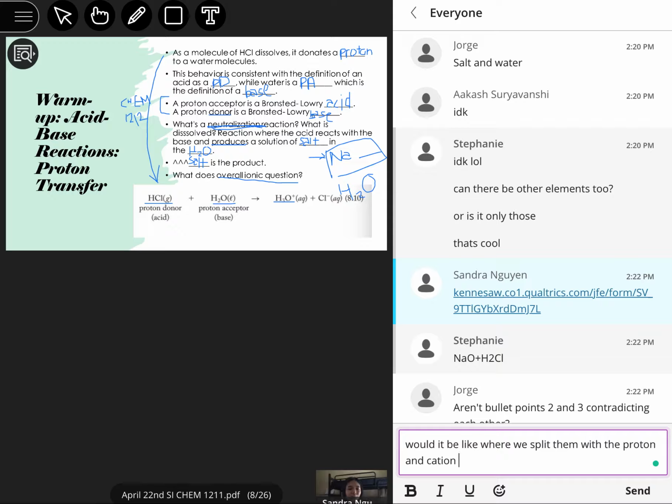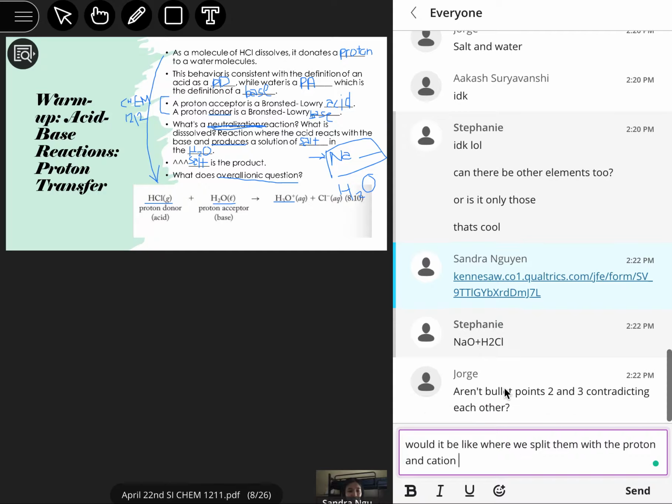So maybe you just ignore this right now because it doesn't make sense since you guys are in 1211 right now, but it makes sense when you're in Chem 1212 because it's the opposite. It's on your first exam, you'll see it, but for right now, just know the Bronsted-Lowry acid and Bronsted-Lowry base, and then know the regular definitions of acid and bases because they're basically opposite of each other. But that's it. That's all you have to know.